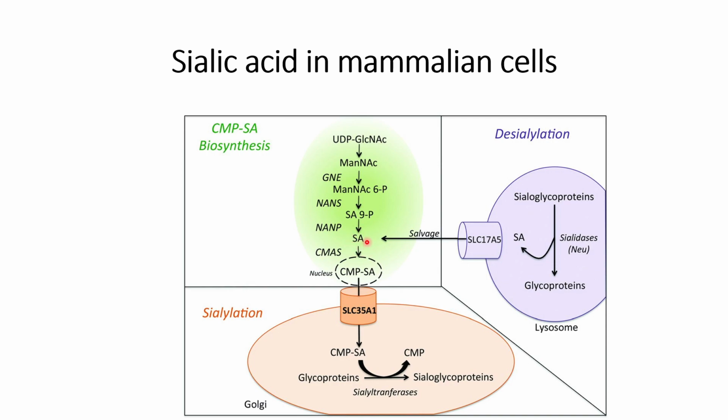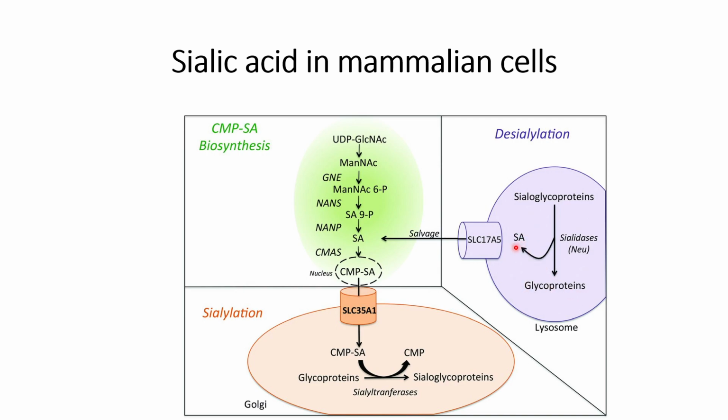However, some of the sialic acids are also recycled from the lysosomes. So in this case, what happens? The sialoglycoproteins that are found in the cells make their final destination in the lysosomes. From there, the sialic acids are recycled through sialidase, that is neuraminidase, and the glycoproteins are degraded.